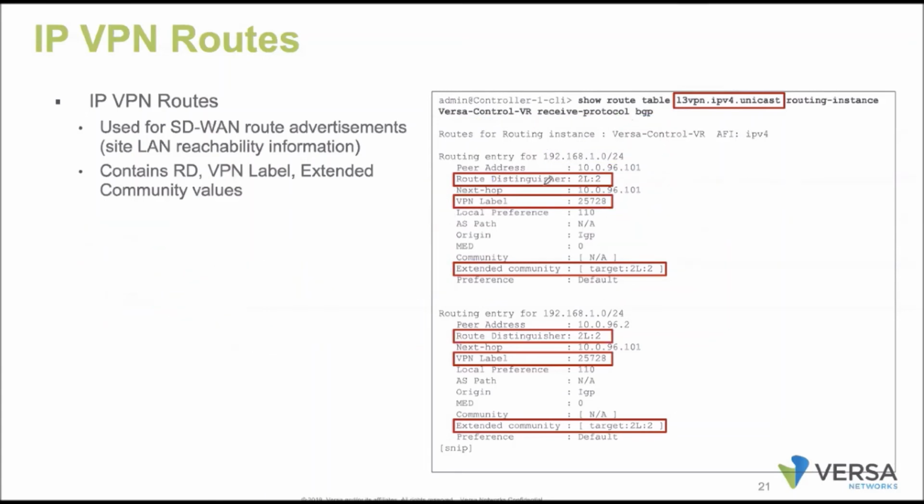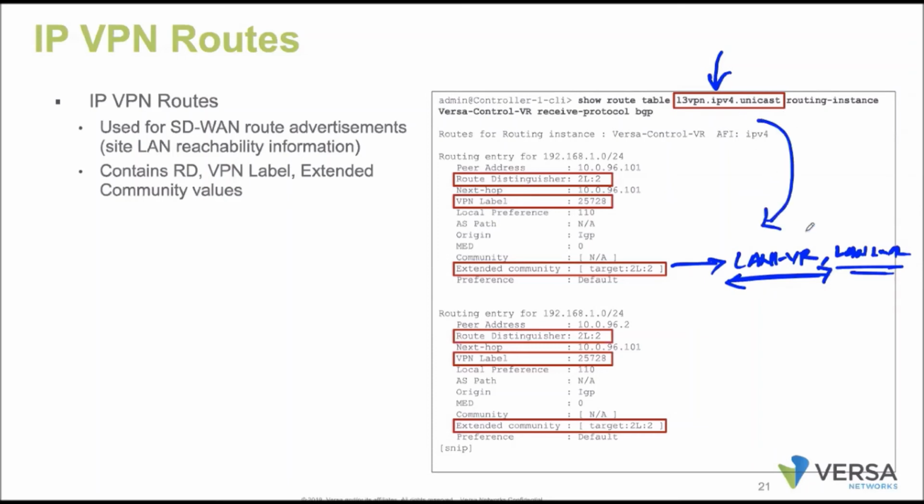Right, so after the routes are received, the routes will be placed in the L3VPN. Based upon this RT information, the routes will get placed in the respective LAN VR. For example, if I have multiple LAN VRs like LAN 1 VR, LAN 2 VR, LAN 3 VR, the routes are received on this L3VPN IPv4 unicast.